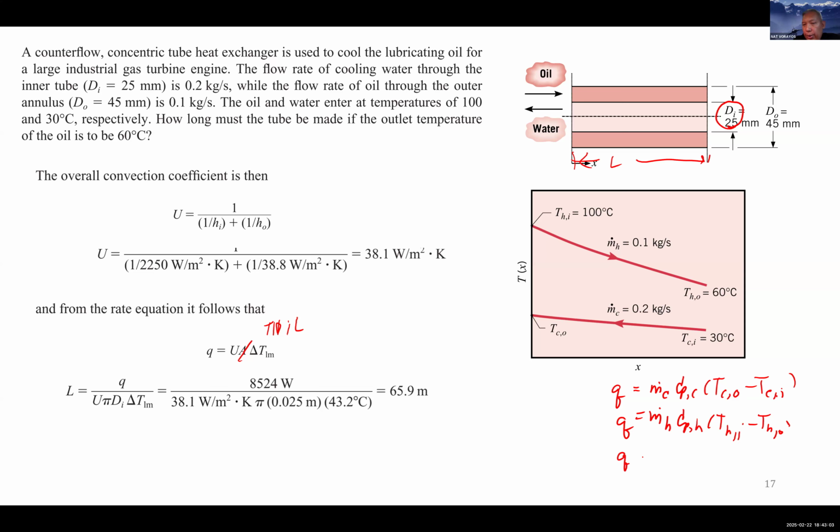And the third one would be Q equal to UA, I'm sorry, UA times delta T log mean temperature. You got yourself 3 equations.